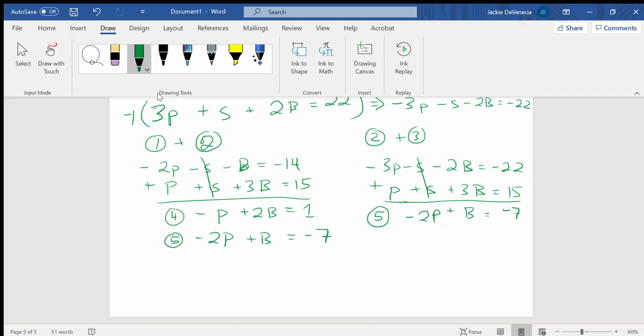Let's change 4 to a positive 2. So we're going to multiply everything by a negative 2. And 4 is going to be negative 2 times negative p, that's a positive 2p. Negative 2 times a positive 2b, that's a negative 4b, that's a 4. And then 1 times a negative 2, that's just going to be a negative 2. Right? And we can go ahead and add it with our fifth equation to cancel out those p's.